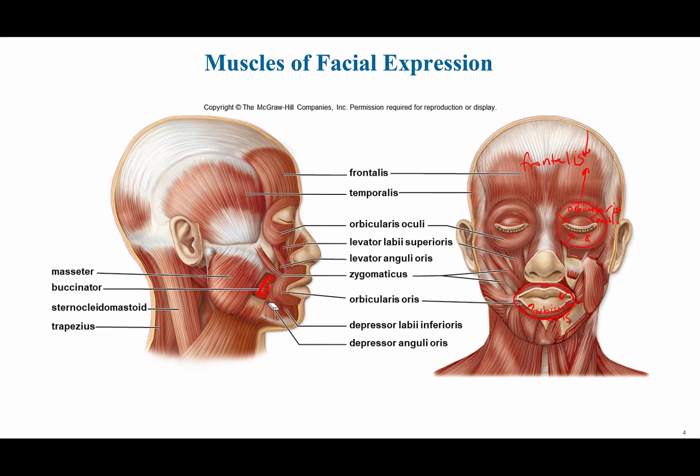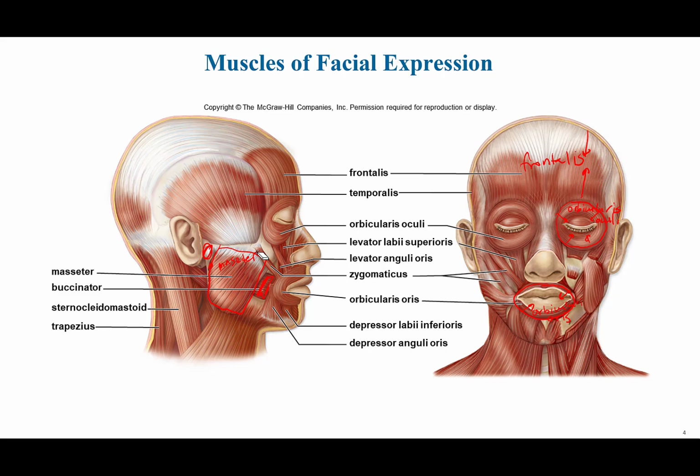So one of the joints on your body that is movable from our last lecture, remember what that is? It's the TMJ, right? Temporomandibular joint, between the mandible and the temporal bone. How do you chew things? You need to drop your mouth and you need to pull it up, right? So in terms of pulling up your mouth, you have this big muscle right here, called the masseter.